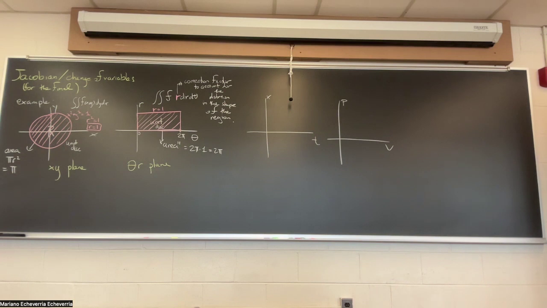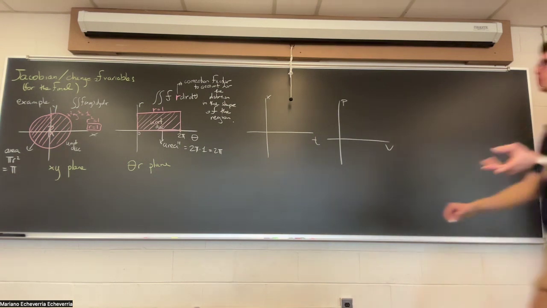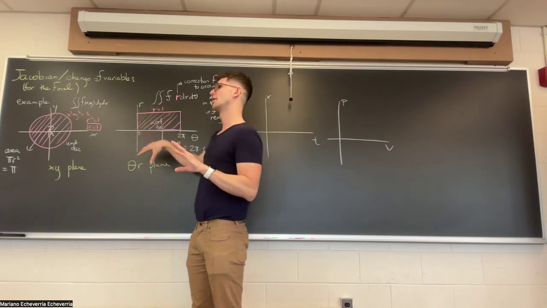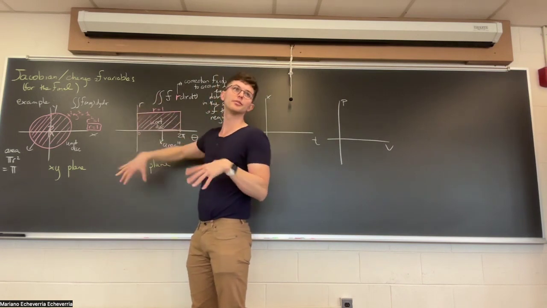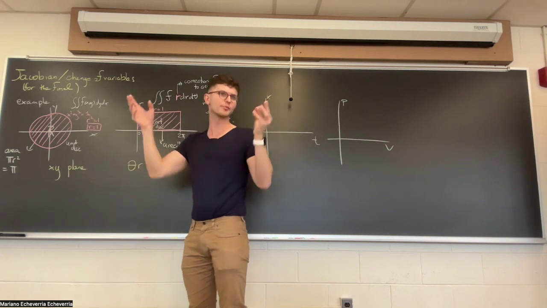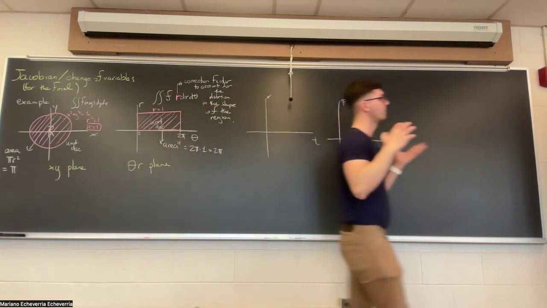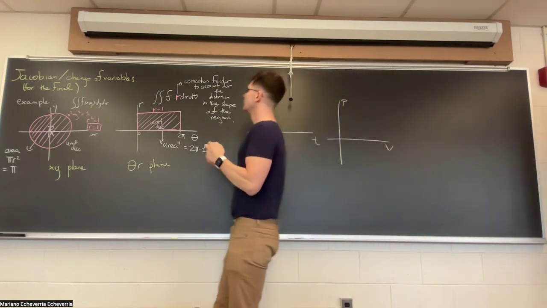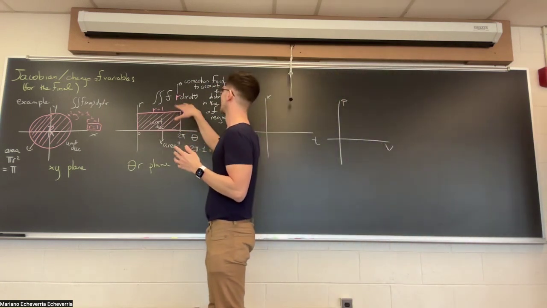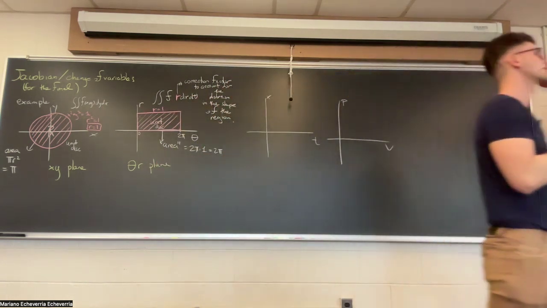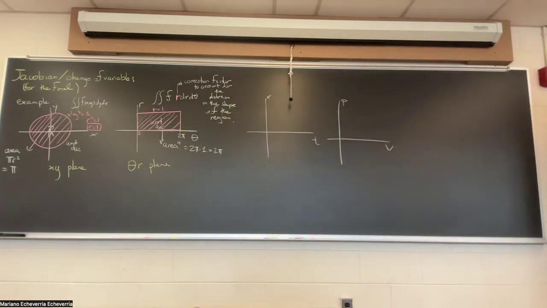So what happens when you make a change of variables, for example from Cartesian to polar, is that if you were to draw the picture with respect to the new variables, the figure gets deformed. That's why, in the double integral, you cannot just have something like dr d theta; you have to put an additional term. This happens more generally, and that's what we're going to discuss today.